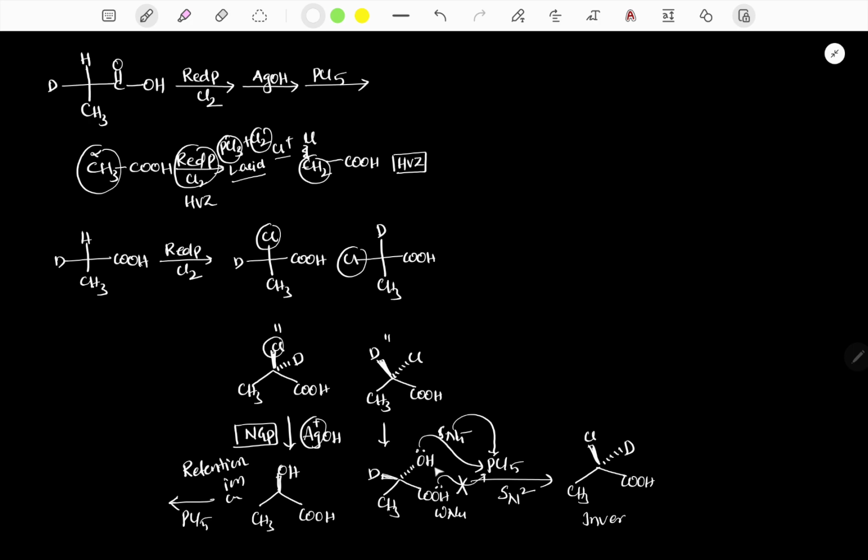So OH is below the plane, Cl attacks from above the plane. Similarly, next one: OH above the plane and corresponding nucleophile Cl below the plane, and it is also inversion. So in the given question, the first one is HVZ reaction, the Hell-Volhard-Zelinsky reaction, the second one is NGP mechanism, and the third one is SN2 reaction.